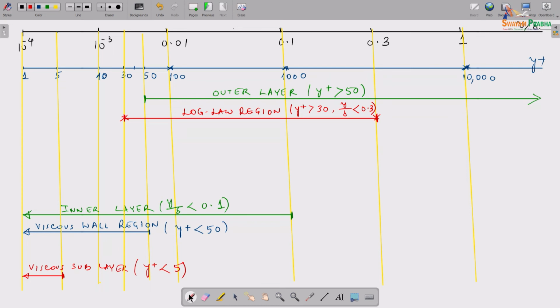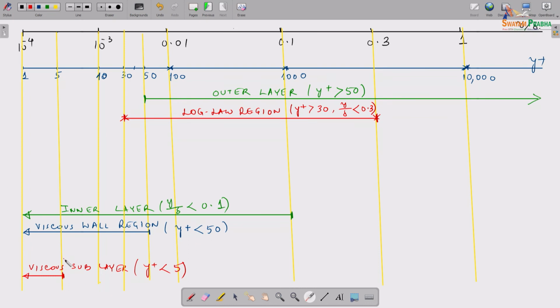You can see that from the viscous sublayer, right down here, the viscous sublayer is where viscosity dominates, while in the log law region viscosity does not dominate, turbulence dominates. So you go from the viscous sublayer to the log law region, and this is the buffer region, between 5 and 30.